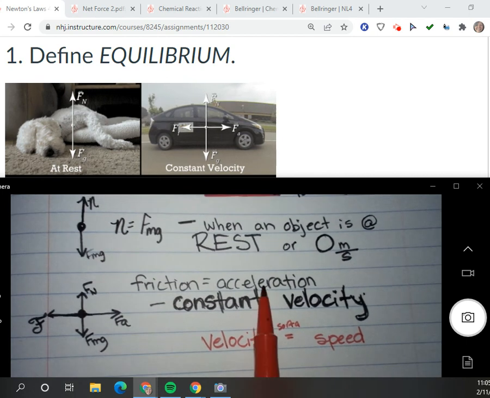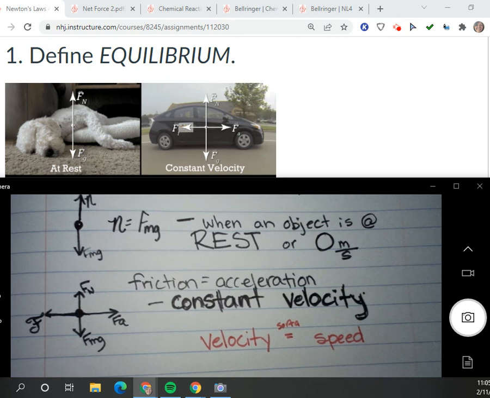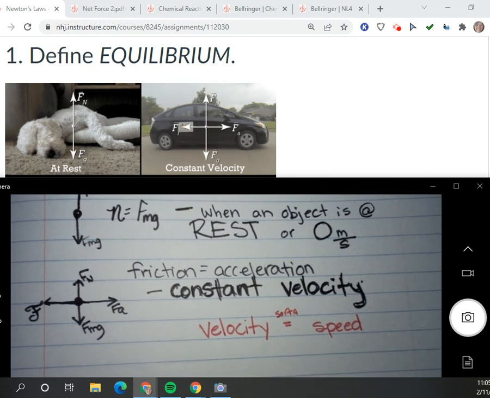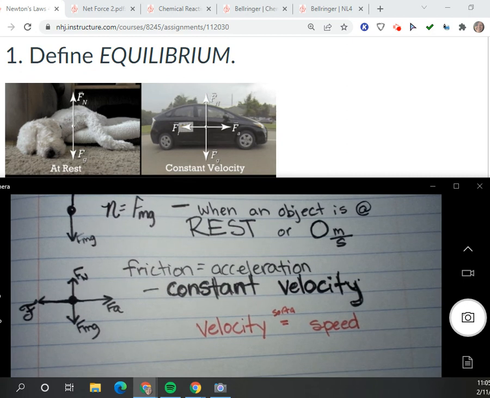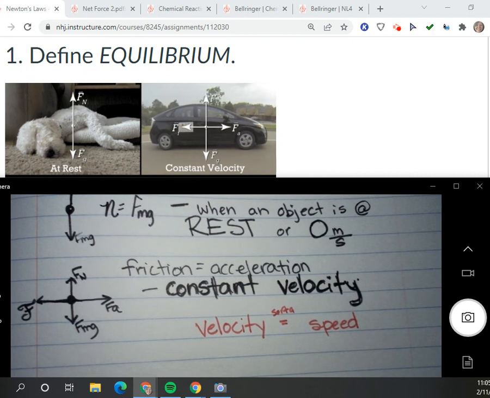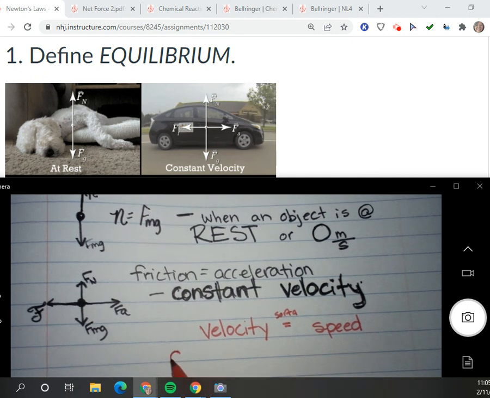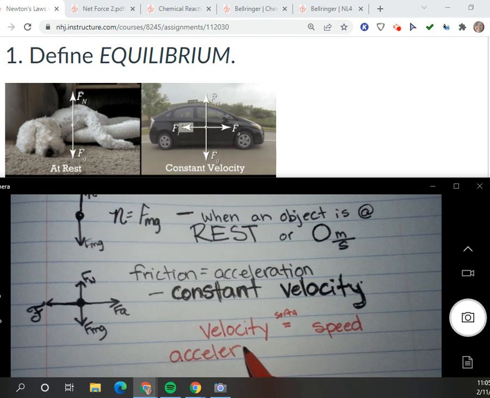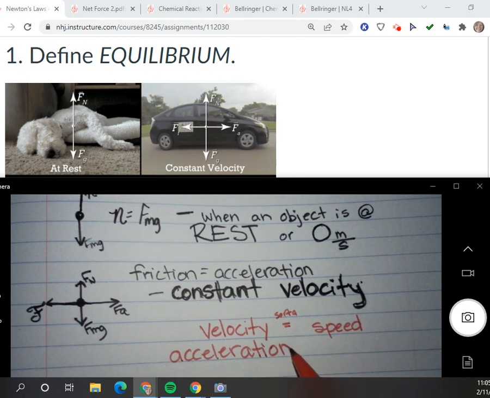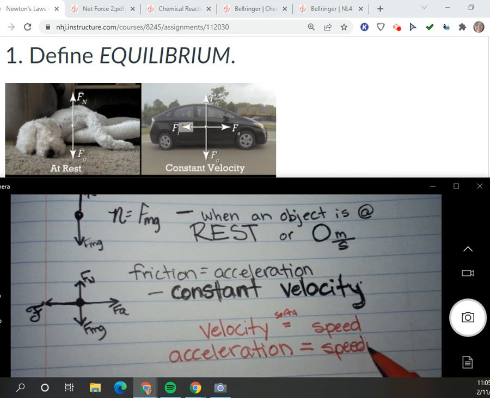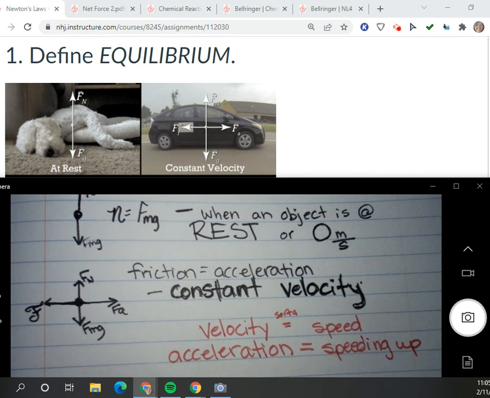But acceleration is a little bit different. What is different about acceleration? When you hit the skinny pedal in the car, the accelerator, what are you going to do? Go faster, speed up. So acceleration equals speeding up. So I'm going to go faster, faster, faster.